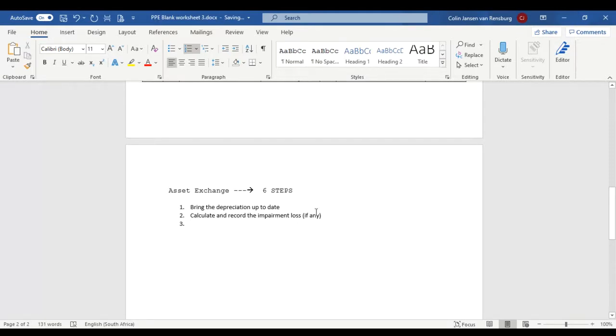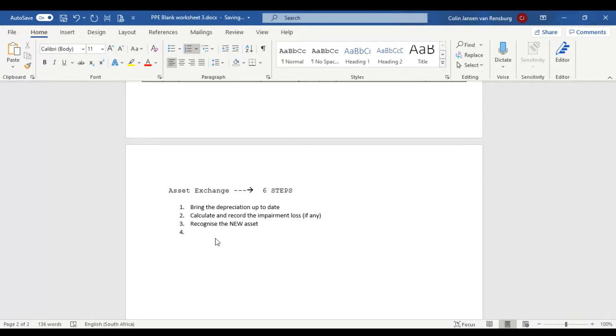So those two steps would have already been done. The depreciation would already be up to date. If there's any impairment loss, it would have been calculated and recorded already. So the next 4 steps are the ones that we now have to go and do when it comes to an asset exchange. The next step, which would be our first step, is to recognize the new asset. Recognize the new asset.